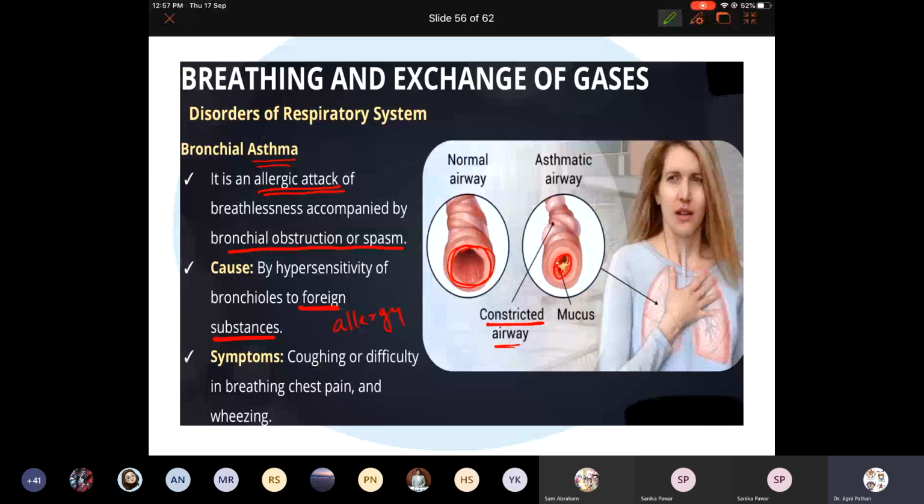Could you explain what exactly dead space volume is? Yes, I'll explain. Listen to this. This is an alveoli. Can you see the slide?